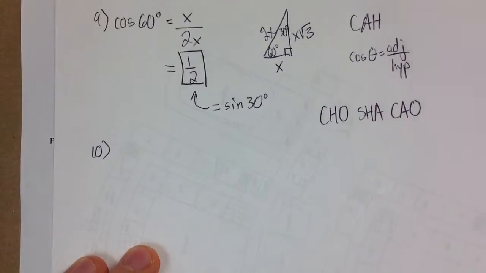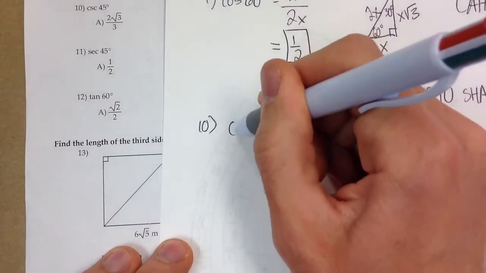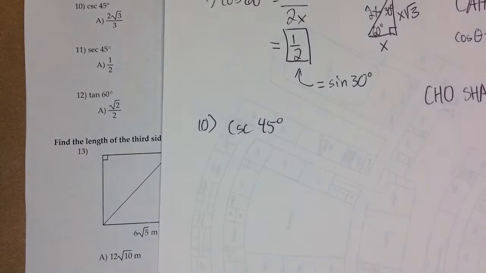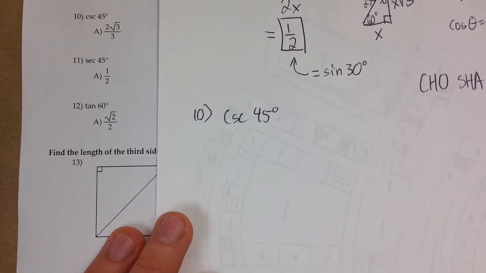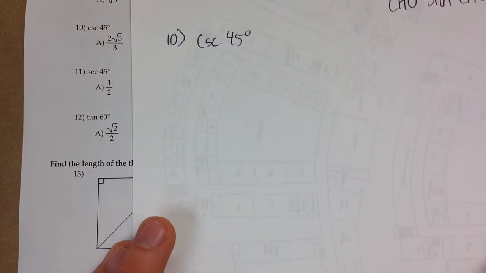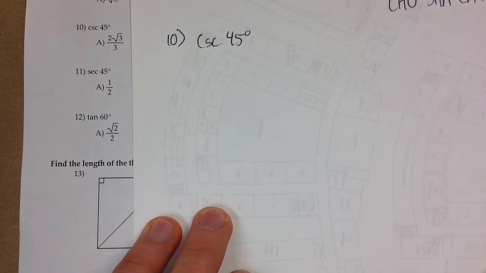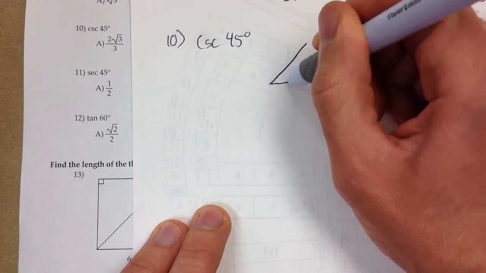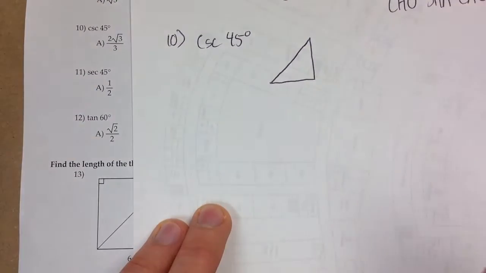Moving on. Next random person is Val. Please help me find the cosecant of 45 degrees. Okay, so based off of the triangle, it would be... Which one? Number 10, cosecant of 45 degrees.